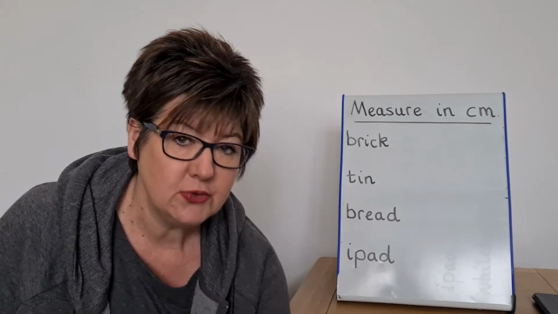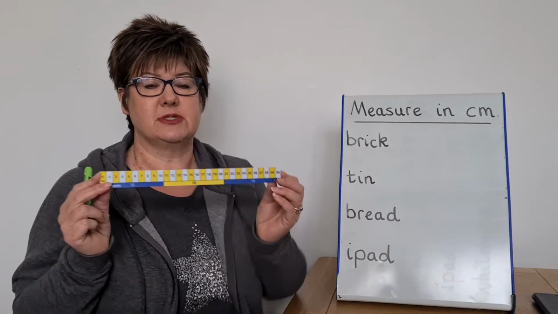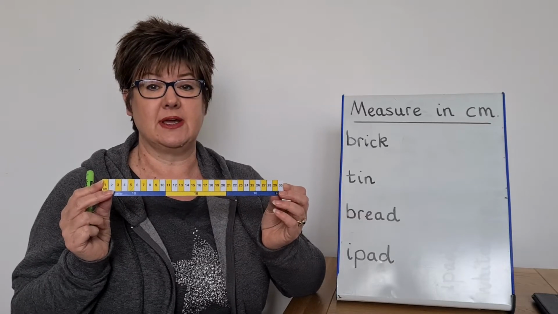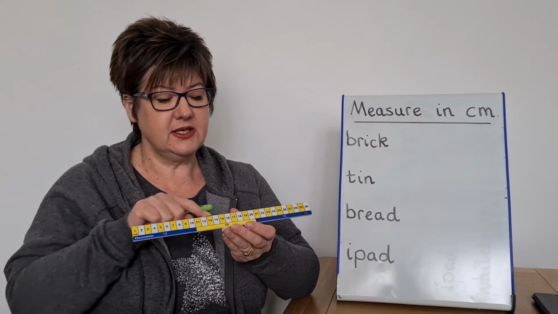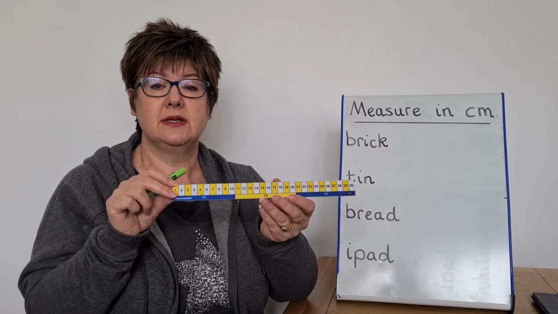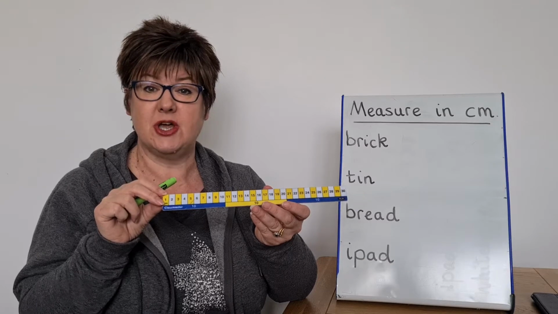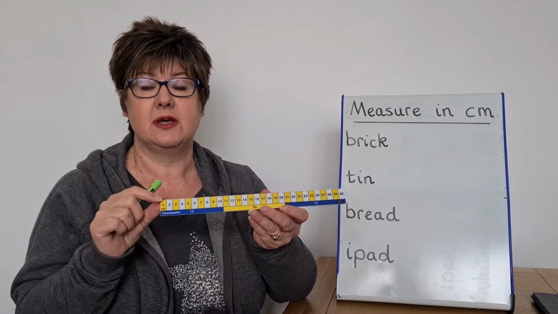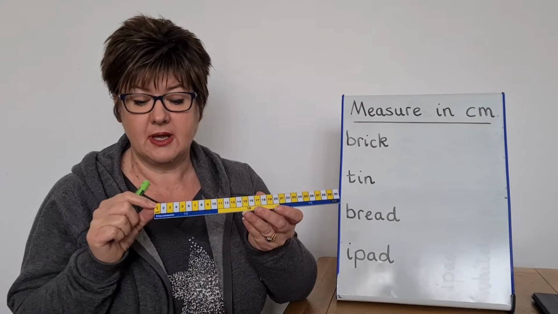I showed you a ruler last week, didn't I? I was measuring the ruler last week, but on the other side of the ruler, the little lines and the numbers are called centimetres, and that's a standard measure that everybody uses. We can measure lots of things using centimetres.